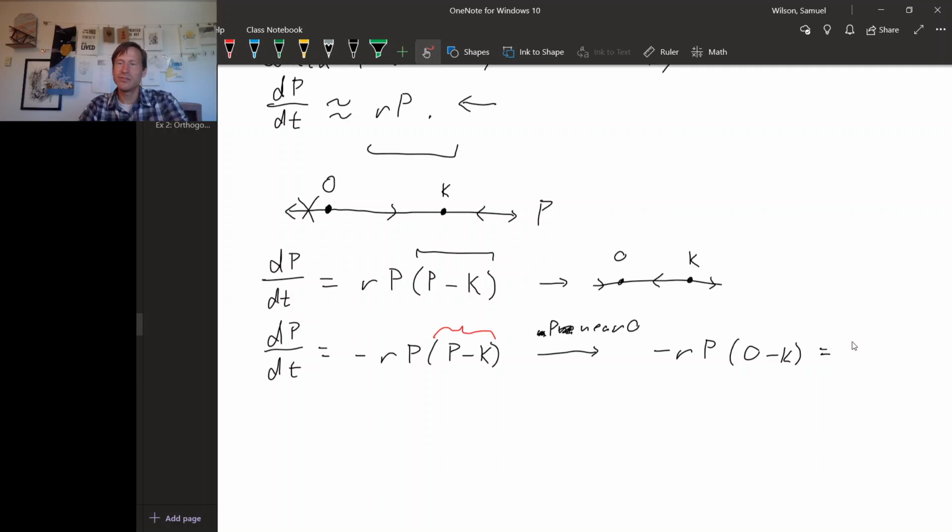So when p is near 0, our differential equation turns into dp dt equals negative r times p times minus k. So this would give us k times r times p. And that's just not what we wanted.